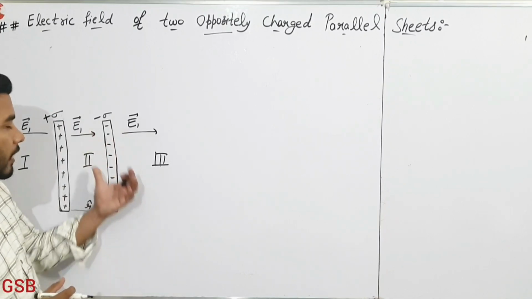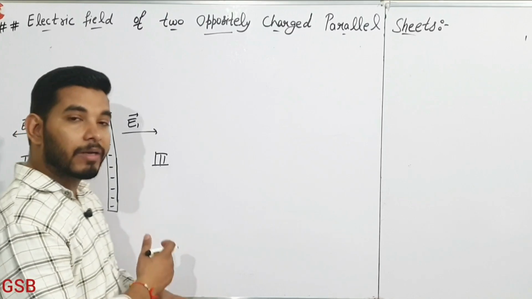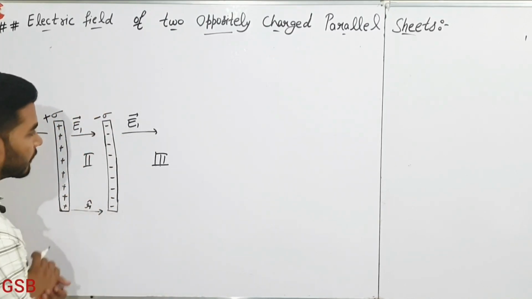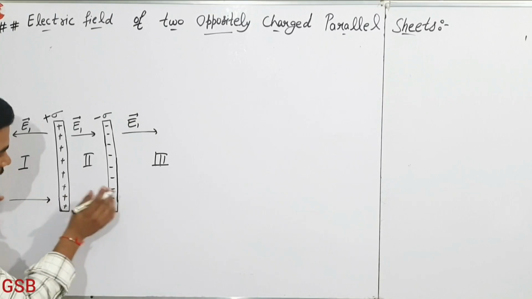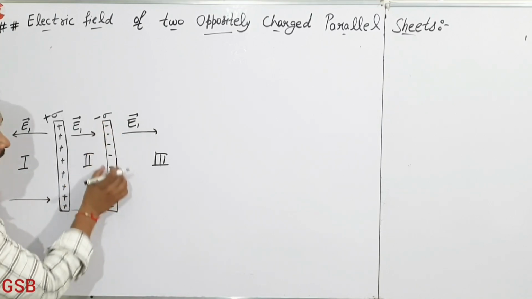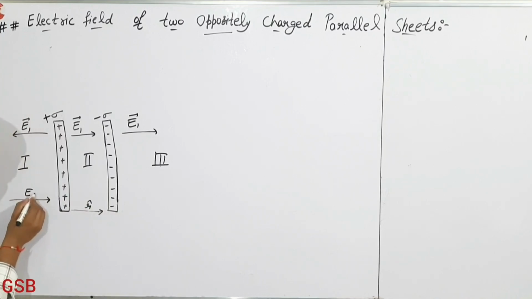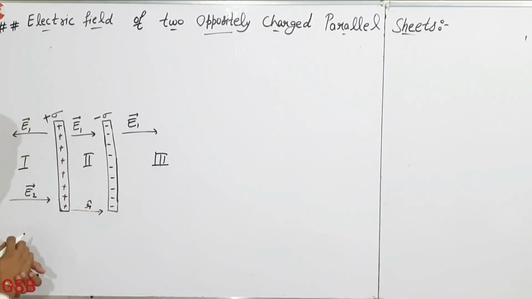But due to the second plate, the electric field is radially inward because there is a negative polarity on the given plate. So in region first, the electric field is from left to right, towards the negative plate. The electric field due to negative sigma is represented by E2, where E2 is the electric field intensity for the given second plate, minus sigma surface charge density.